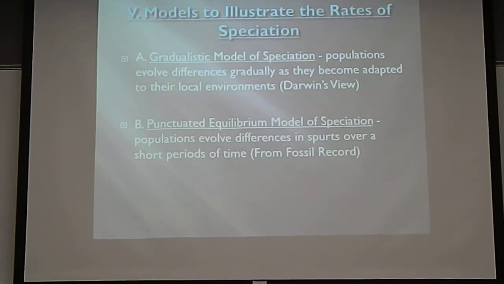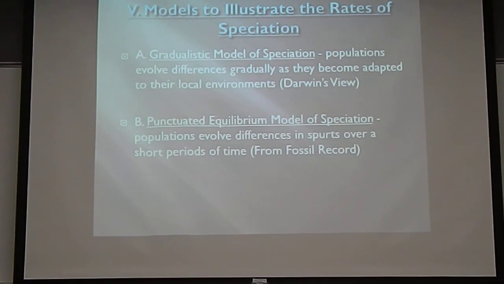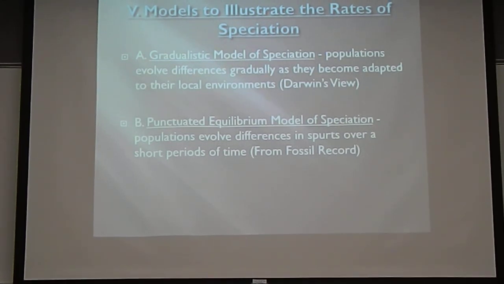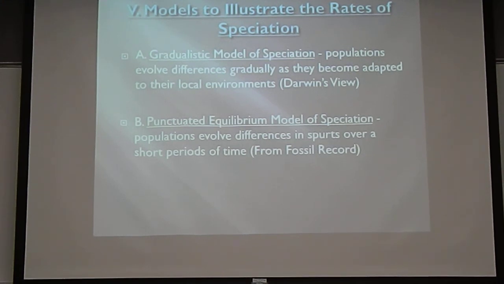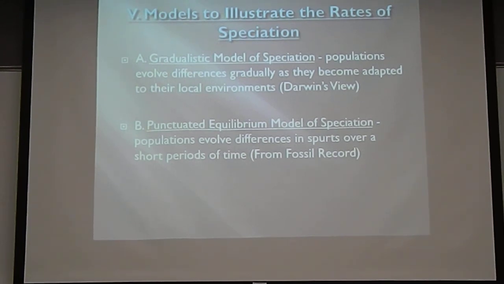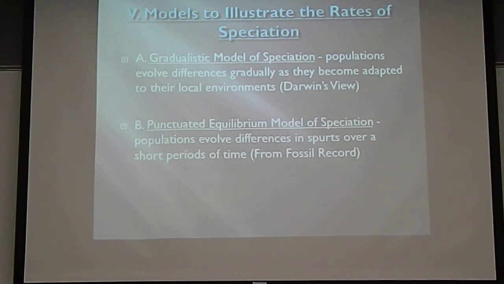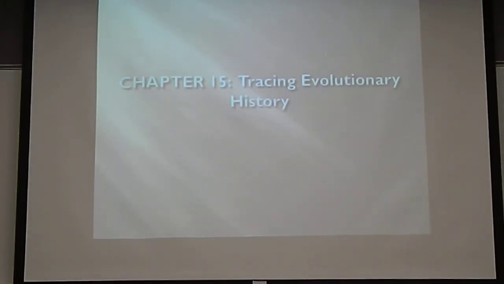So there's a punctuated equilibrium model of speciation as well, where, geologically speaking, in short periods of time you have populations changing, with changes in their gene pool, so that two different species are formed. So that is chapter 14.